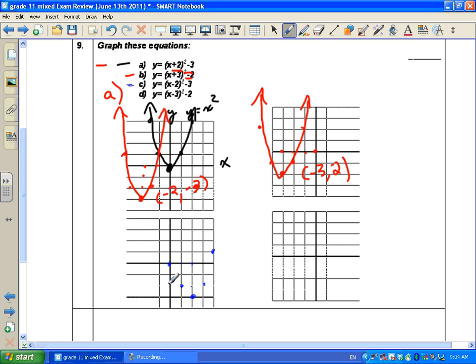You need to actually draw the function or the entire parabola. So, the difference here is our vertex is at positive 2, negative 3. And finally, our D. H is negative 3, so we go over 1, 2, 3, and down 2 units, 1, 2. So here's our new vertex.